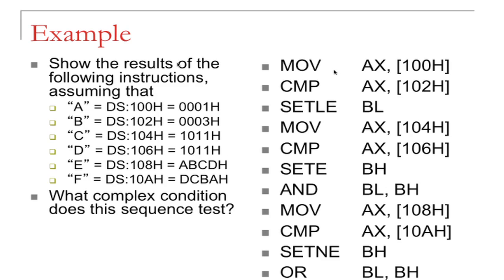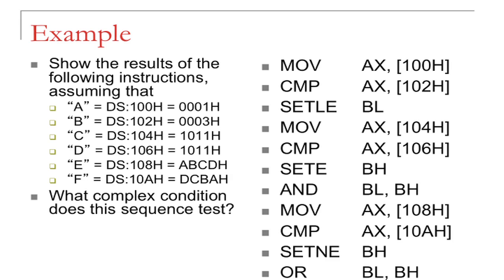So let's see what these instructions will do. Maybe I'll give you 1 minute to think about it. The hint I want to give you is that these instructions are trying to check a very complex condition among these 6 variables.